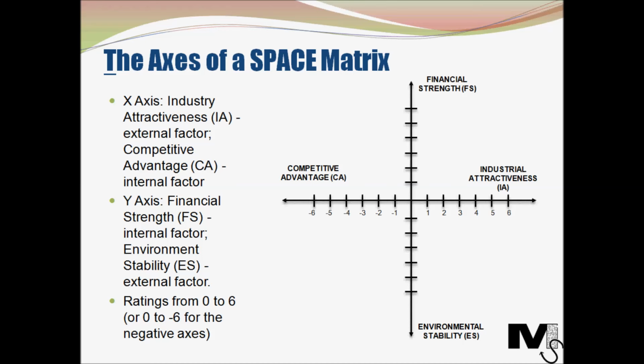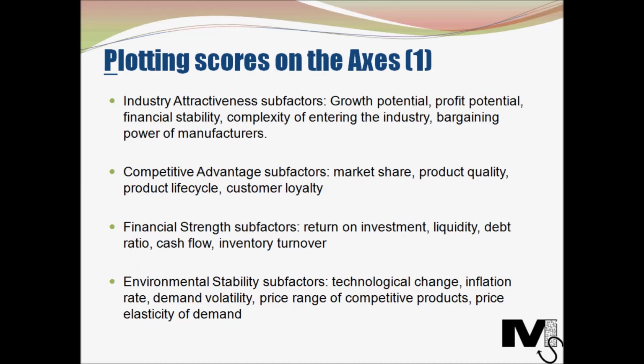Now let's look at how we actually plot a score on these two axes. Industry attractiveness is influenced by a certain number of sub-factors, and so are all of the other elements of the axis. Industry attractiveness is influenced by factors like growth potential, profit potential, financial stability, complexity of entering the industry, and bargaining power of manufacturers.